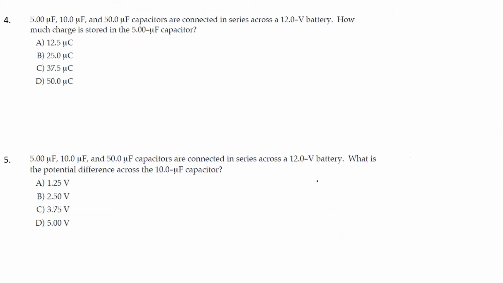Now we have problems. These two are the exact same problem, but I'm asking about two different things. Okay, so do this and tell me the answers. We have 3 capacitors connected in series, and they are connected to a battery of 12 volts.